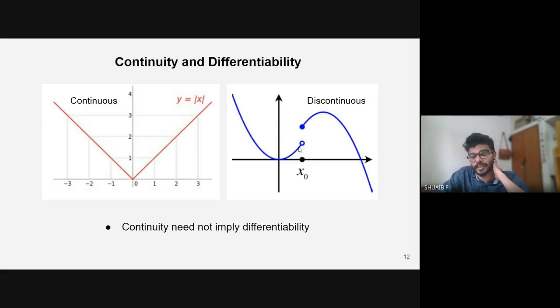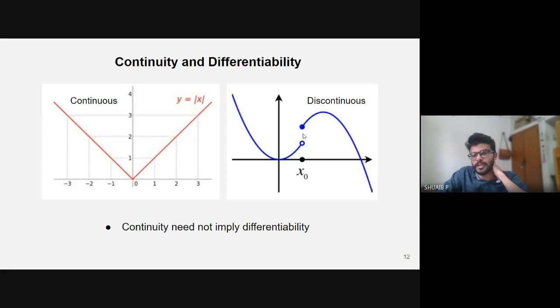The f of c predicted by this part of the function will be this point, and the f of c predicted by this part of the function will be this point. So at this point x0, when we consider an interval around it and approach from the negative side of x0 and the positive side of x0, we will get two different f of c values.